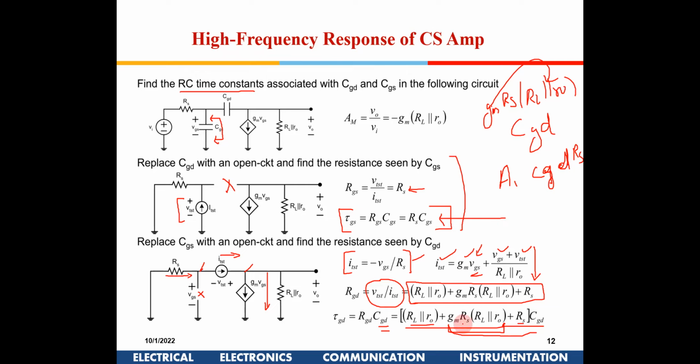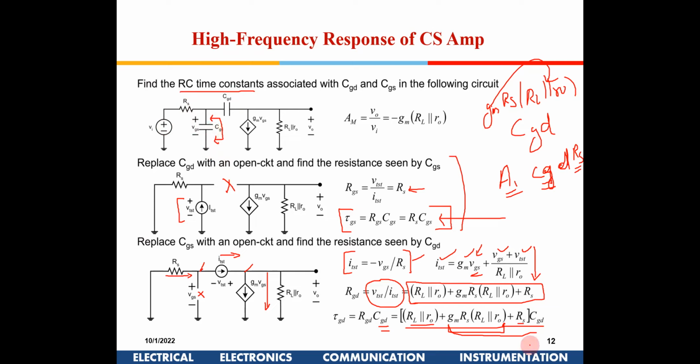Then what is remaining? RS, gain and CGD. That means CGD is getting multiplied by the gain, so instead of making all these circuits, it is just simple. One is CGS, the other is CGD into the gain, the second capacitor. Is it okay?